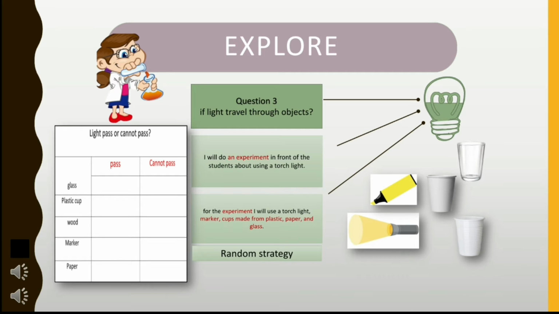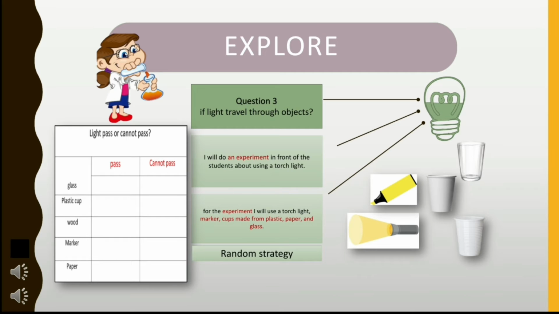For the experiment, I will use a torch, a marker, and caps made from plastic, paper, and glass. First, I will put the torch on the table with a shade on the wall. Then I will place the different objects, the caps and the marker, in front of the light in turn.